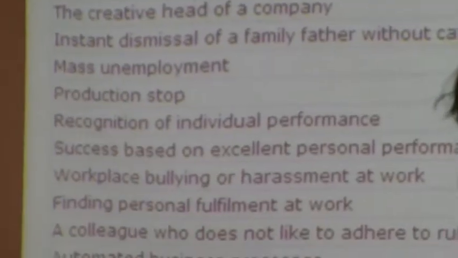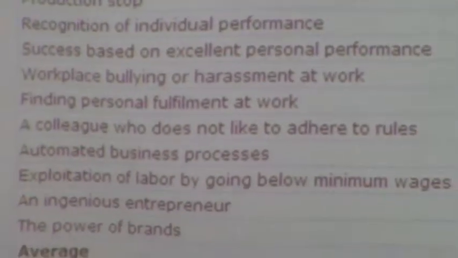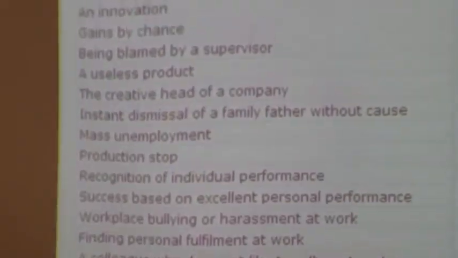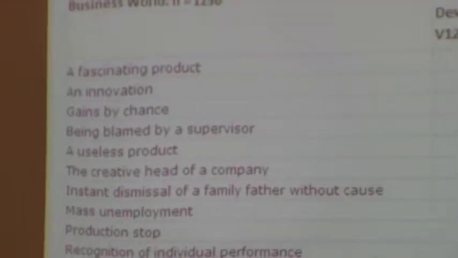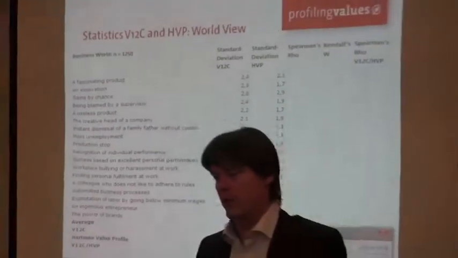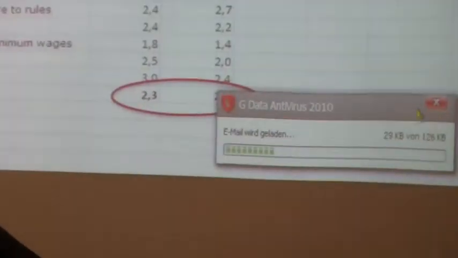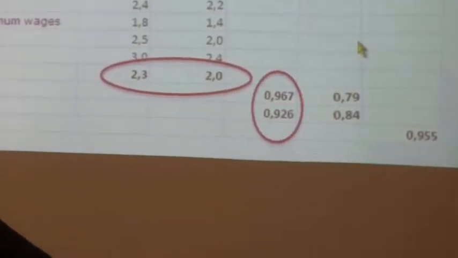So start with a good meal and start with a uniform. And then I compared standard deviations. And you see it's only 0.3 separated between the two. And if I take Spearman's rho, this is not good at the moment.